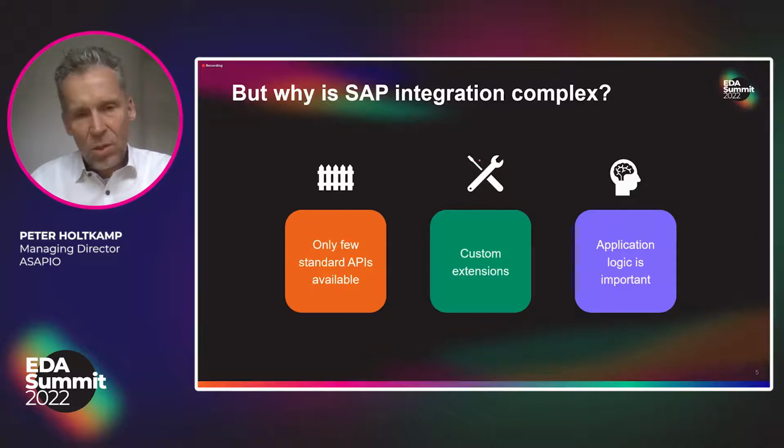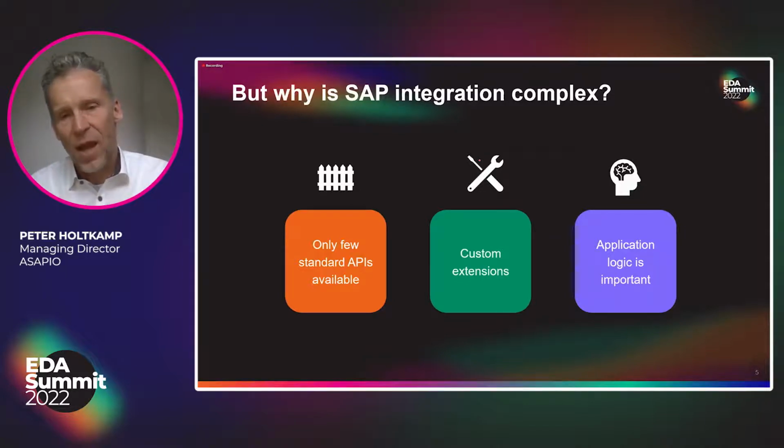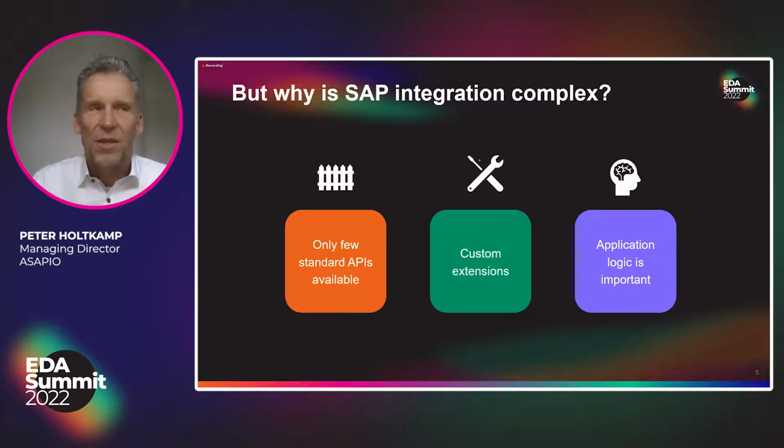The second thing is the custom extensions. Non-SAP systems are alike, they all have their own customizations in place. So you combine the SAP exposed APIs with your customizations, and it doesn't fit together anymore. There's a clash. The need for a build-to-purpose interface is also due to the customizations in the system, because you have custom code.